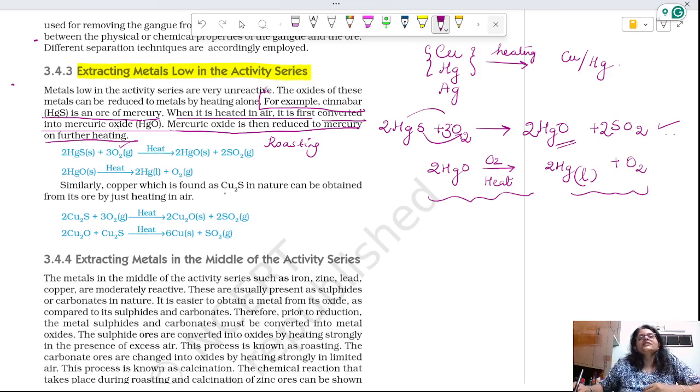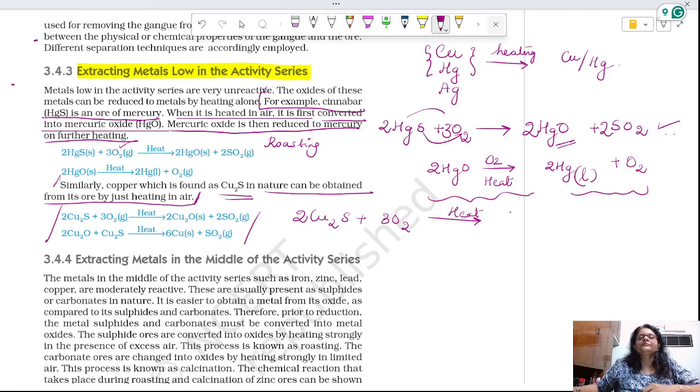Similar is the case of copper sulfide in nature. It is obtained from its ore by just heating in air. Here the copper sulfide is heated in excess of air. In the first step, heat is applied. What happens?